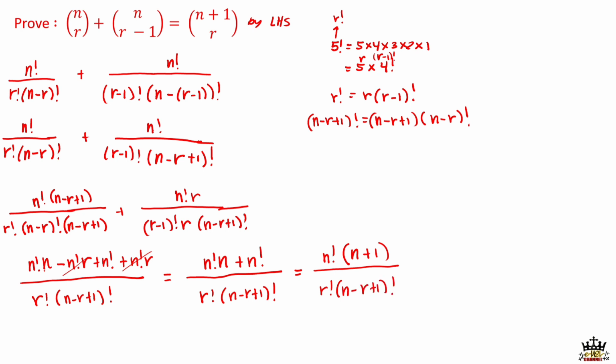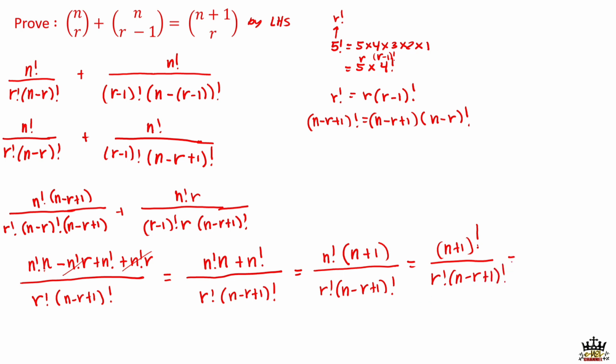Then we know that n factorial times n plus 1 becomes n plus 1 factorial, over r factorial times n minus r plus 1 factorial.